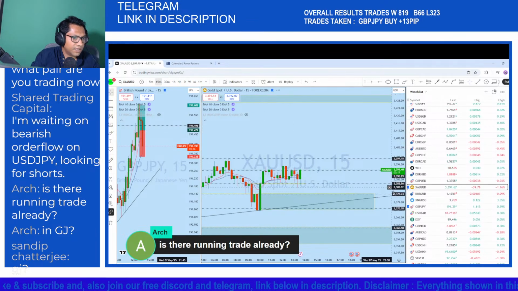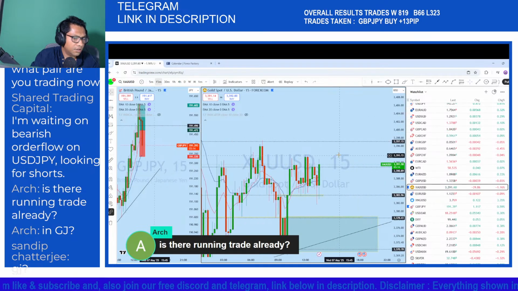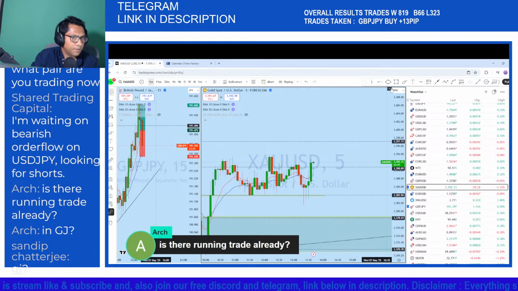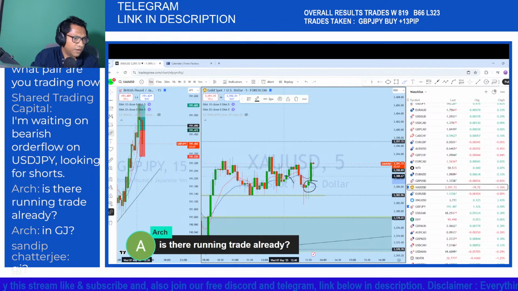So we can see that with this directional bias here, creating that inverted head and shoulder.